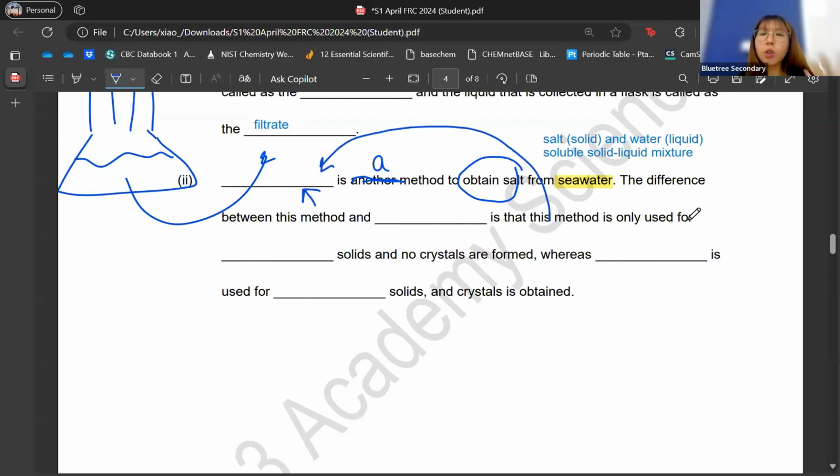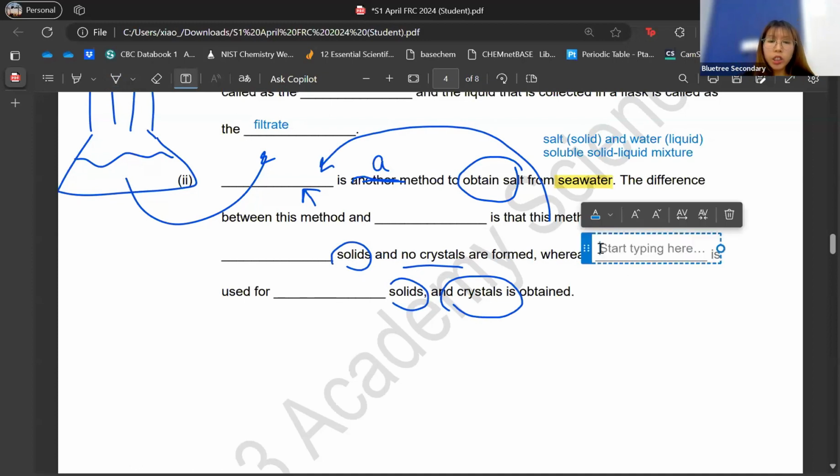This method is only used for a certain type of solid and no crystals are formed. But the other method is used for another kind of solid and crystals are obtained. So when you see the word crystal, you can only think of that one purification technique called crystallization. So this blank here will be your crystallization.